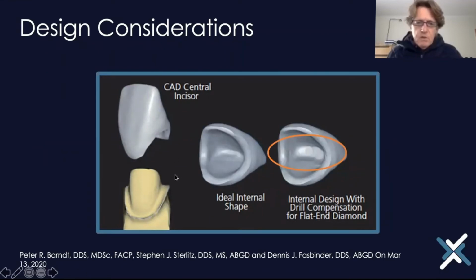So in terms of just software, you would look at an ideal surface shape that is very smooth on the inside, that coincides 100% with the form of the object that you scan, your prep, in other words.